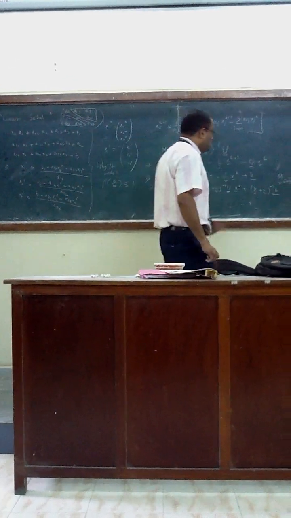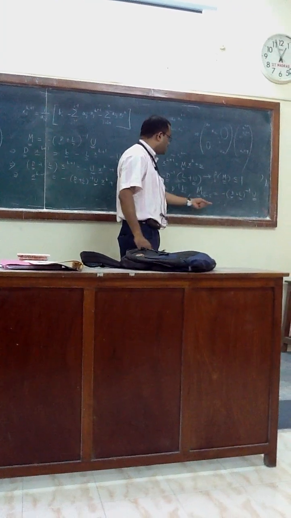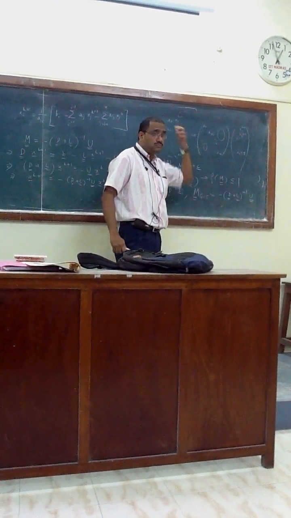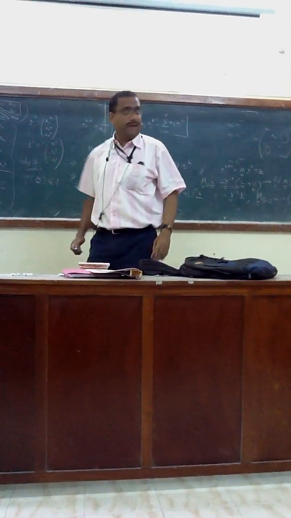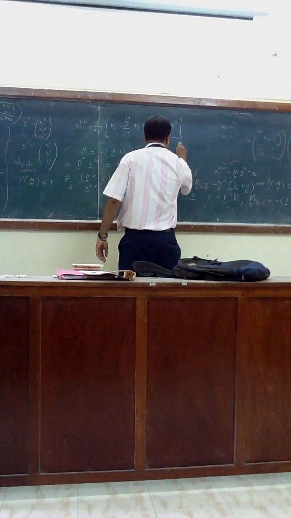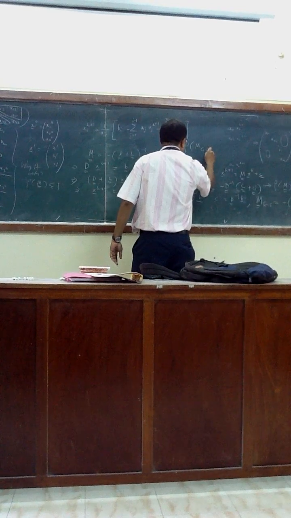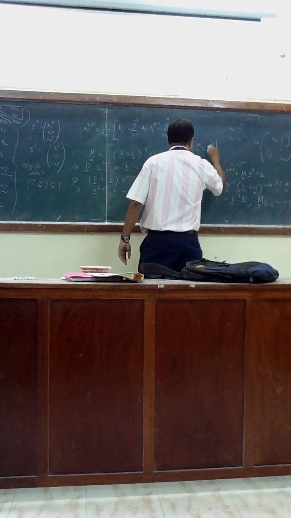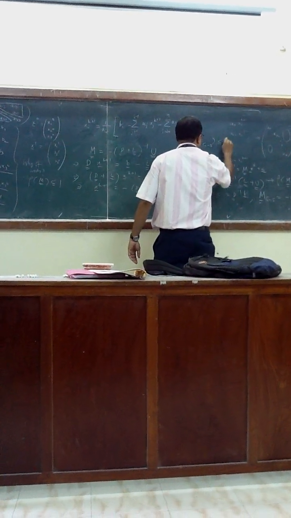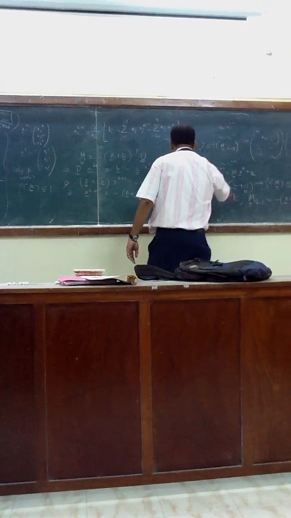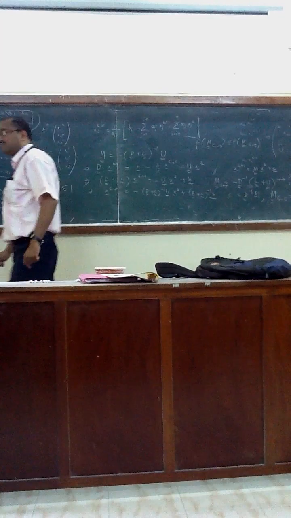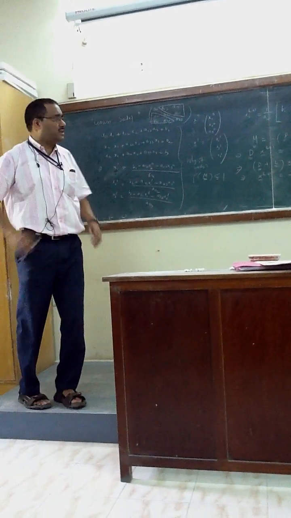Gauss-Jacobi is this one. Gauss-Seidel is this one. Is it possible to prove rho of M Gauss-Seidel is less than or equal to that of Gauss-Jacobi? I am giving you some open question.